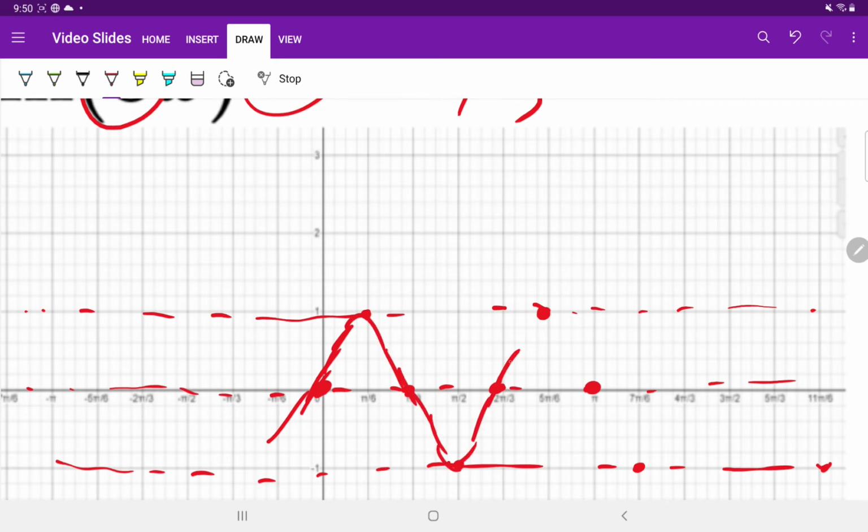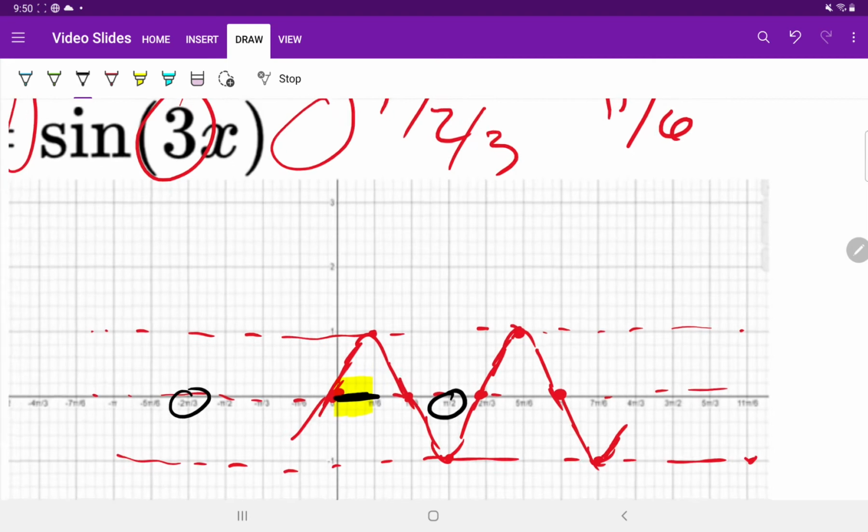So I've got something that looks like this. And of course it just oscillates forever, it doesn't end. By the way, I'm able to do that so quickly because I see that one of these units equals pi over 6. Even though they might have simplified the fraction like pi over 2 or -2 pi over 3 or whatever, I know that this distance represents pi over 6. So that's how I'm able to keep following that pattern.